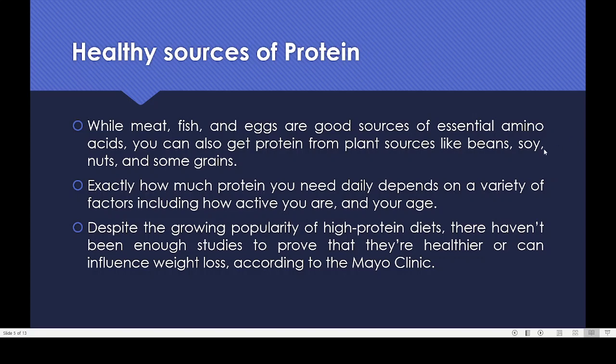For example, soya milk, you might have heard about soya milk. Beans are there, nuts are there, and most of the grains are there like kadala, etc. They are all rich in proteins.